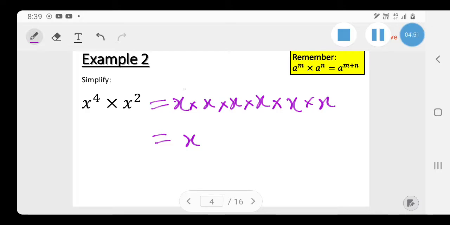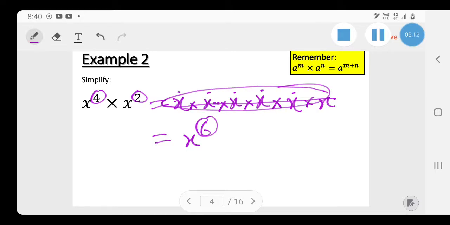Well, to the power of what? We count the number of x's: 1, 2, 3, 4, 5, 6. X to the power of 6. But this step here was unnecessary because 4 plus 2 equals 6. All right, so from now on, we can skip this step here.